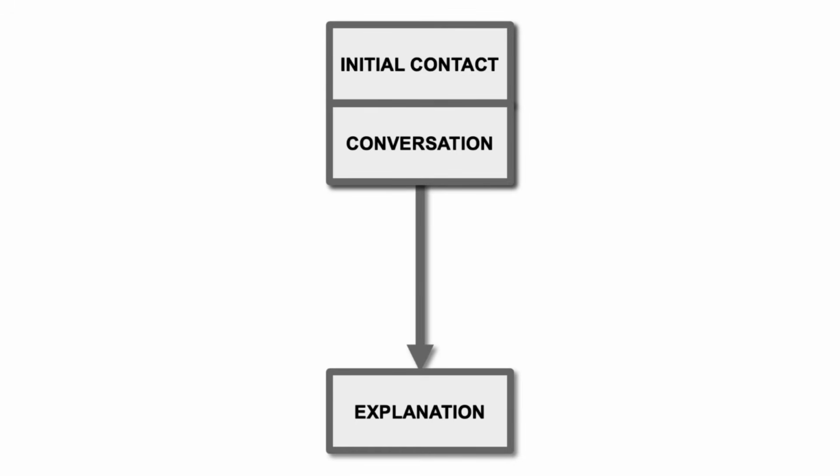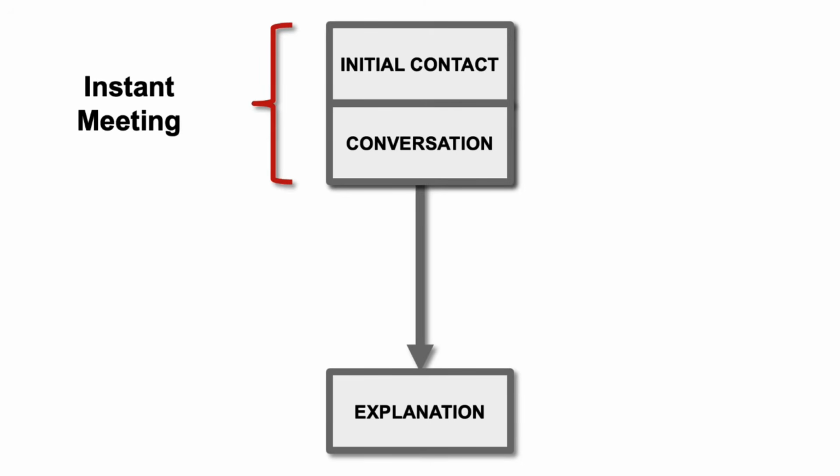For example, you could certainly go through the initial contact and have the conversation step actually occur in the same interaction. For example, you might cold call a prospect and end up talking to them for 20 or 30 minutes. Or you might meet a prospect at a networking event and you end up talking to them for 20 or 30 minutes. We actually refer to this type of scenario as an instant meeting.